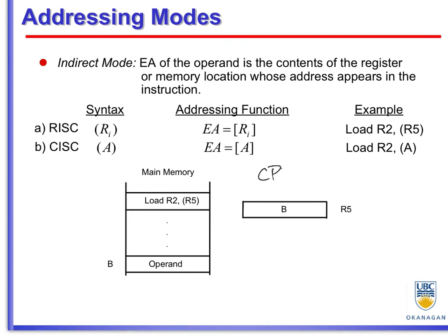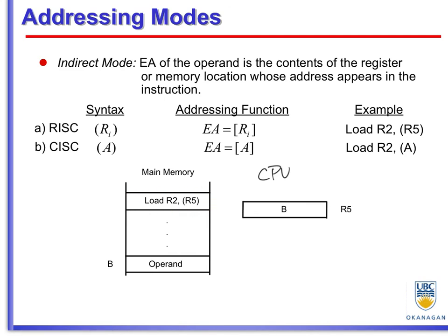Okay, this is our CPU over here. Our general purpose register R5 is inside the CPU, and here we've got our main memory on the left-hand side, okay? Well, if our register R5 holds a label B, for instance, which refers to a particular address in our main memory right down here, well then the number we're going to load from memory is at address B, okay?